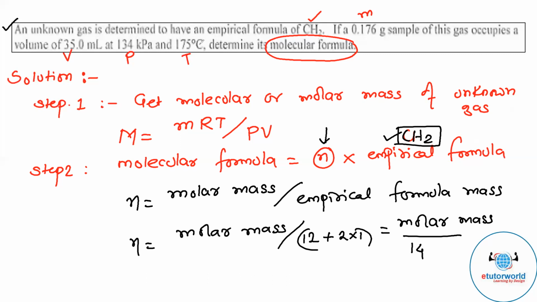Yes, sir. Okay. So what are the 2 steps you are going to follow? Step 1, get the molecular mass. Step 2, get the multiplying factor. And then we will get our final answer. Okay, let's see one by one. First, we will determine the molecular mass.